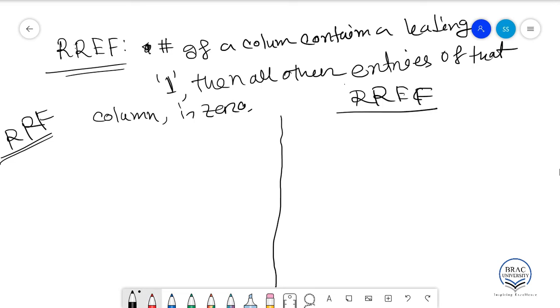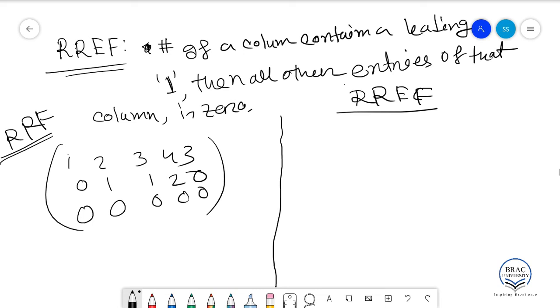So let's take an example. Again, we take the example that we discussed a few seconds earlier, that is the matrix with entries like 1 2 3 4 3 0 1 1 2 0, and the last row is just 0.